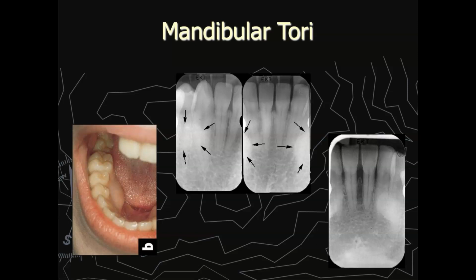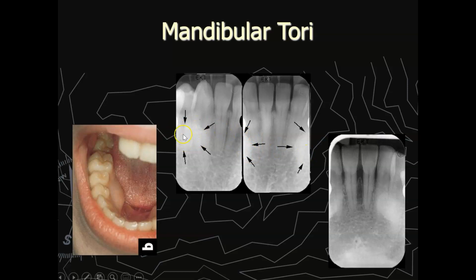Okay, something else that you can see on a radiograph that's very common is called tori. You can have it in the roof of your mouth, or you can have it in the floor of your mouth. When it's in the roof of the mouth, it's usually smack in the center. When it's in the floor of the mouth, it's actually going to be kind of in that first molar area. It's just a little excess bone that develops, and you can actually see it on the radiographs as a little bit more radiopaque of an area because it's extra bone.